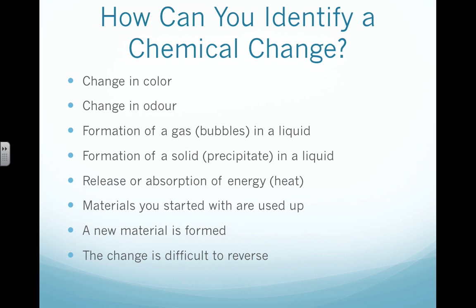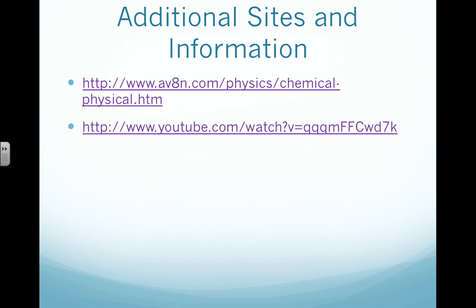So what you started with is now gone, and a new material is formed. What I started with now looks completely different, and it's a new substance being formed. And then, as I've said a few times, the change is difficult to reverse. So these are 8 signs and characteristics that we can use to identify whether a chemical change has occurred.